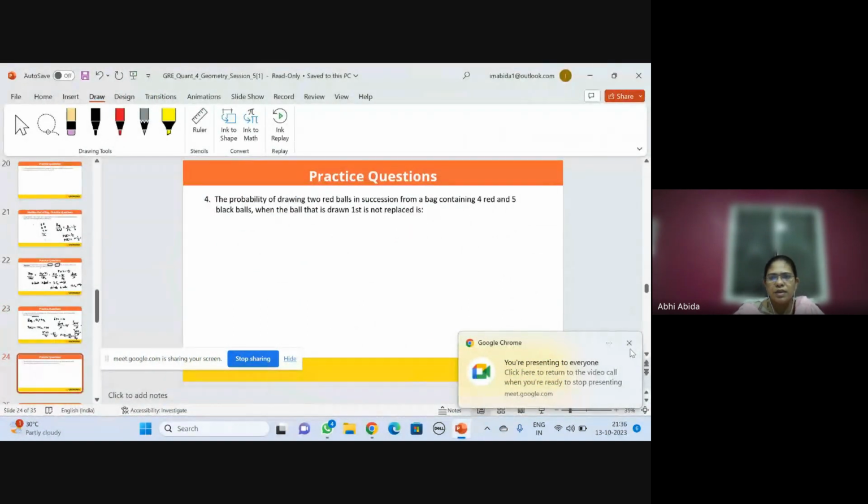This will be the last question for the day today. Try to give me the answer for this. What is the probability of drawing 2 red balls in succession from a bag containing 4 red and 5 black balls, when the ball that is drawn first is not replaced? There is no replacement of a ball.